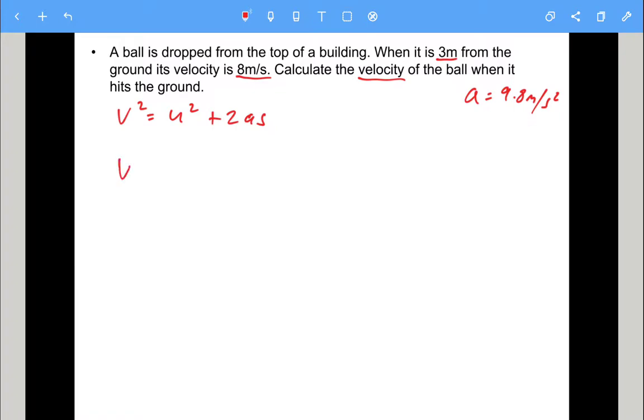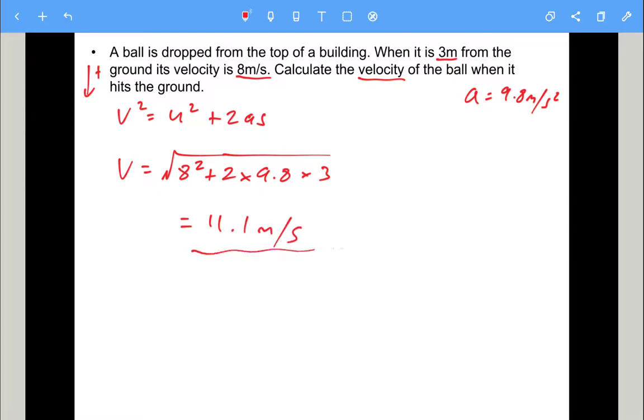So it's v is equal to the square root of u squared, so that's 8 squared, plus, now remember everything's falling downwards, so everything's positive anyway, so it's plus 2 times 9.8 times 3 meters. So if we calculate that, we should get 11.1 meters per second.